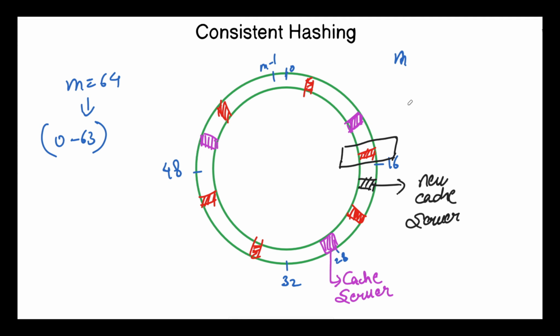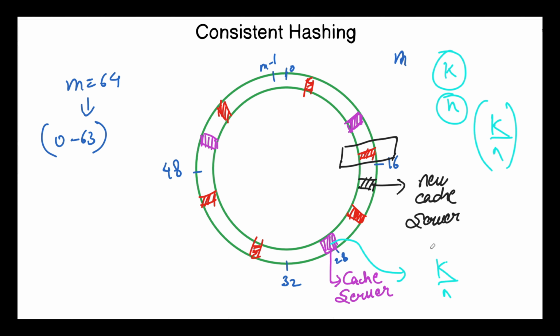So if we assume that all the cache servers contain an equal amount of data, and if there are k data points and n cache servers, then approximately each cache server contains k by n data. So this particular cache server also contains k by n data, and these k by n data points will lie in this region. And we are actually moving only this amount of data.